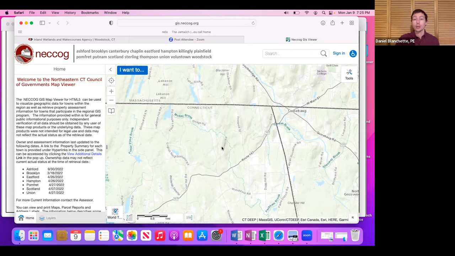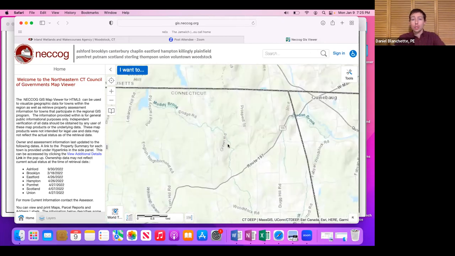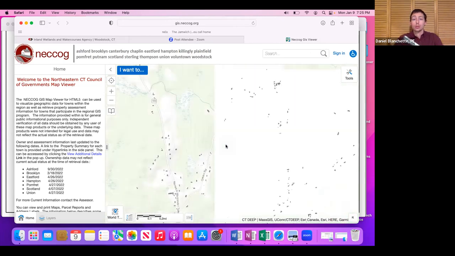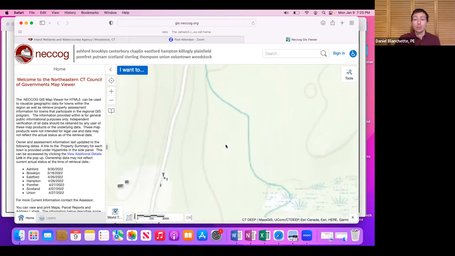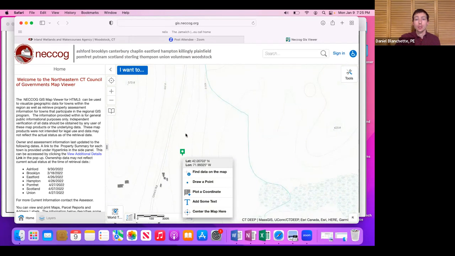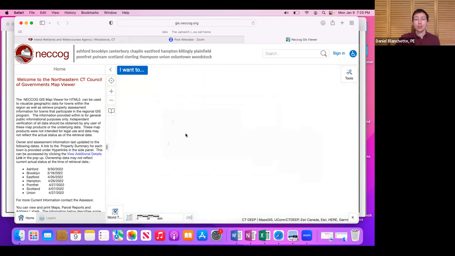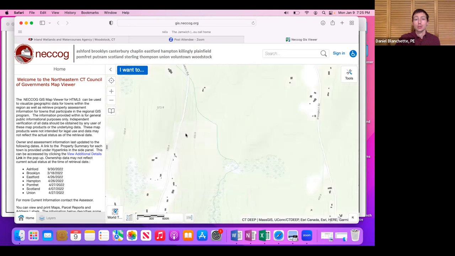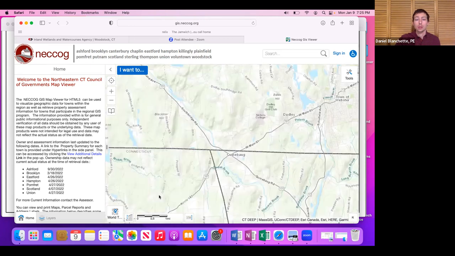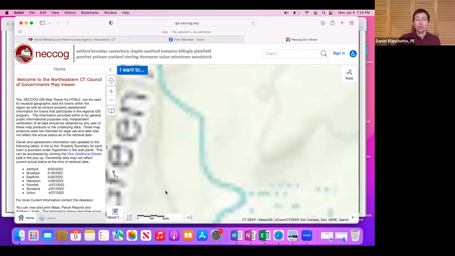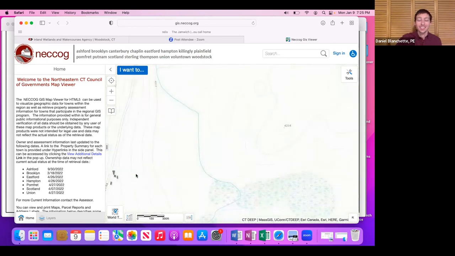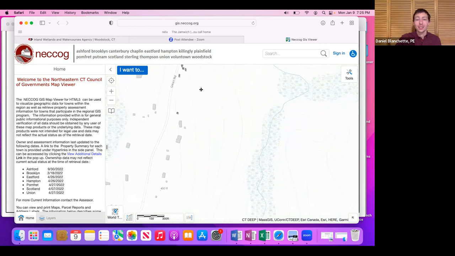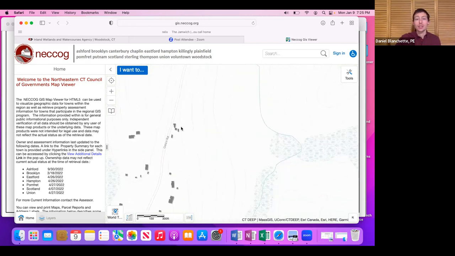I'm going to try and zoom in. I believe it's this one here on 171 Green Road.